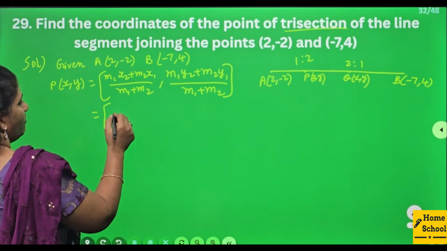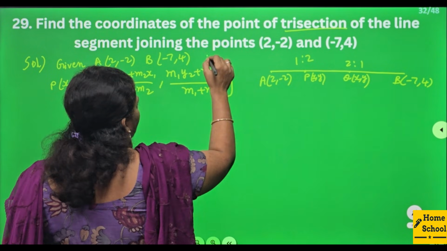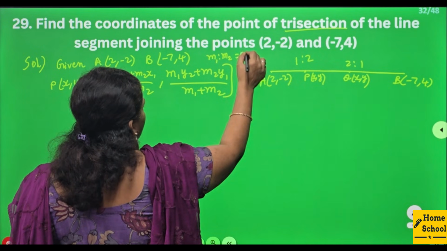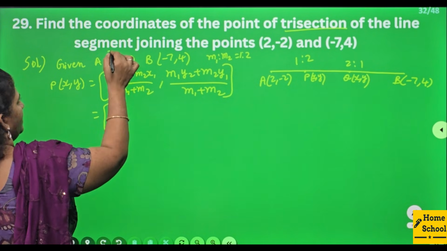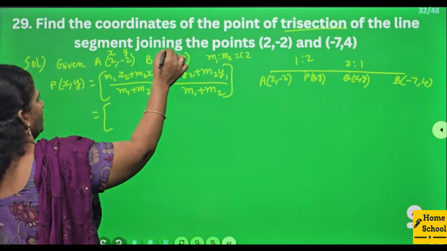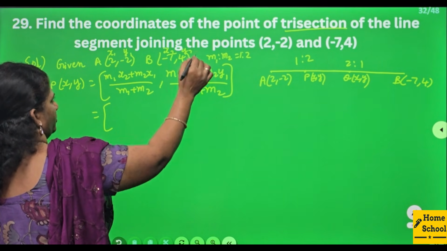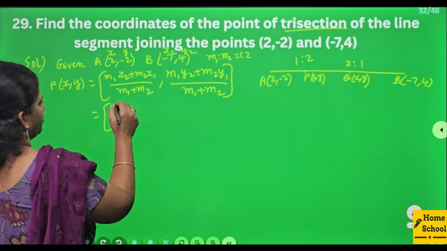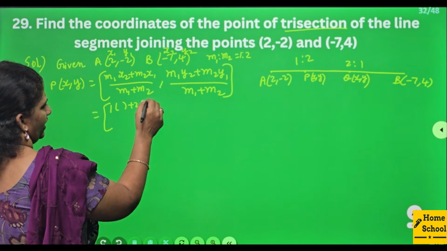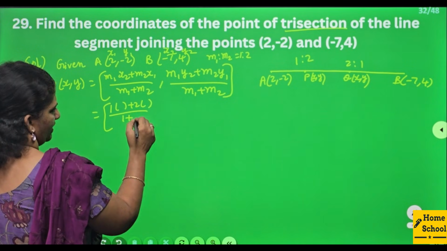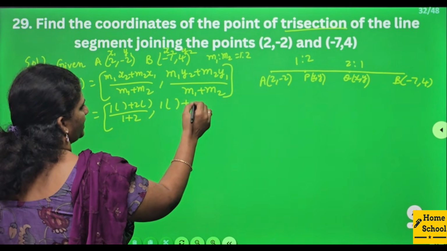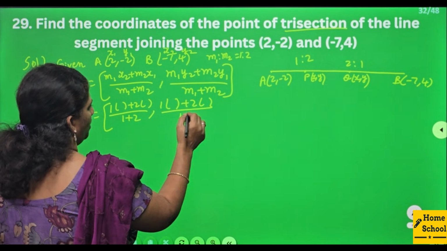So, m1:m2 I need. m1:m2 is equal to 1:2 here. And this one, x1, y1, x2, y2. Right? Now, the m1, m2 values: first you write 1 into x2 plus 2 into x1 by 1 plus 2, comma, here also the same, 1 into y2 plus 2 into y1 by 1 plus 2.